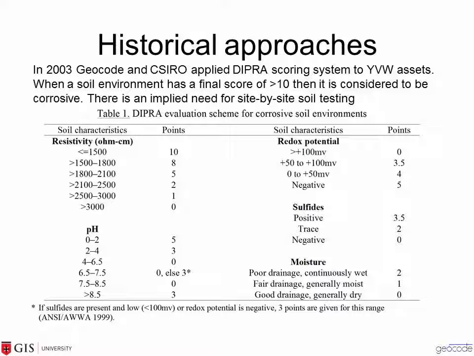So there's an implied need for site-by-site soil testing here, although as you'll see we did apply this quantitatively to most of Yarra Valley Water's assets. So here with any one of these soil characteristics, where the score is 10 or greater, that soil is deemed to be corrosive. So there's a resistivity component, a pH component, a redox potential component, sulfides and soil moisture.